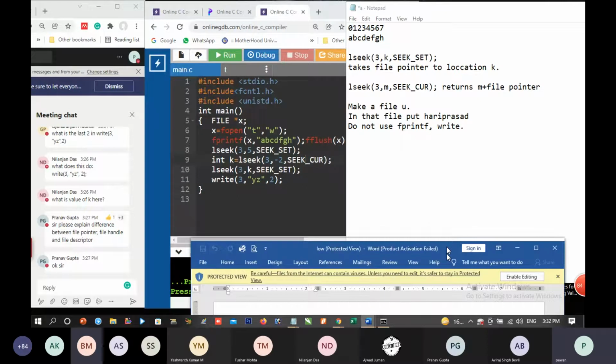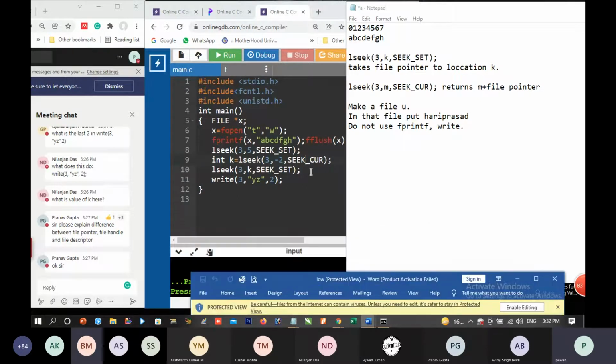So in that case, line number 10 is not required. But that is true in Unix systems, and nowadays Unix systems have become very rare. Even in Ubuntu, Unix systems are not there; Linux systems are there, and there it doesn't work. Is it all right? Yes.